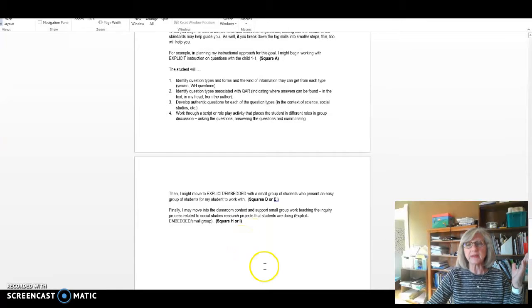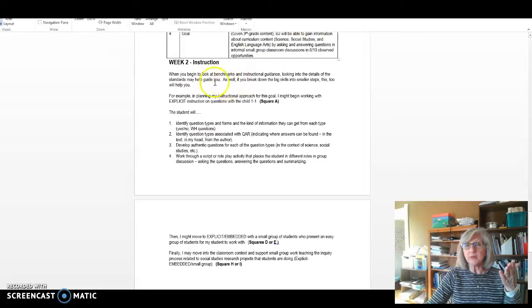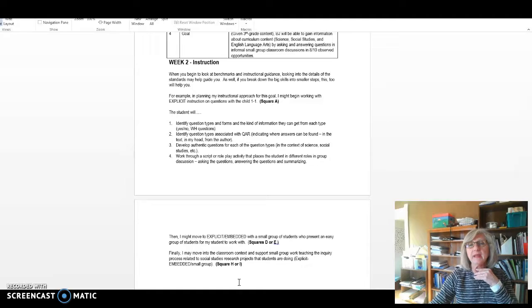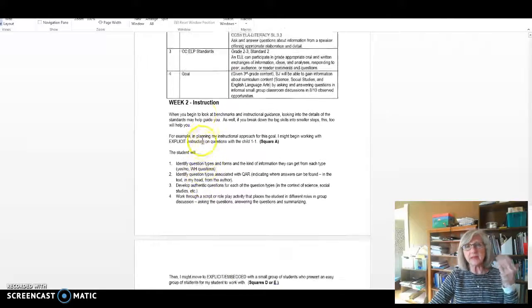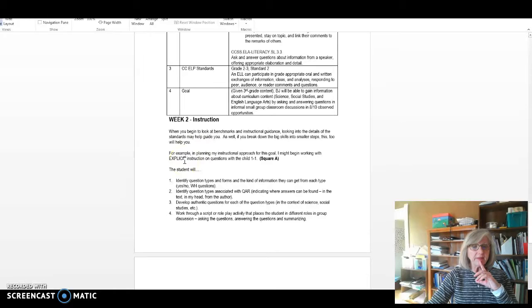So you see, if this is a year-long goal, how I'm going to work my way through from explicit instruction to actually supporting it within the classroom. So this is where we're heading. And this is sort of the crux of your assignment. If you have any questions, let me know. I hope this helps.